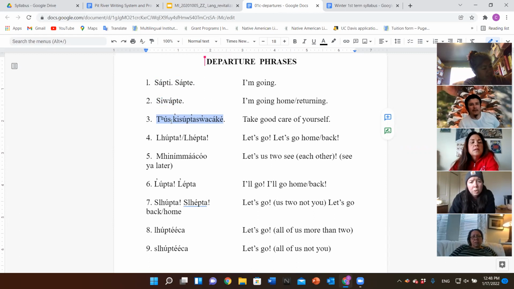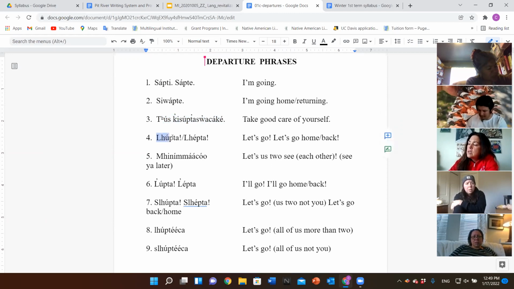Tus, there it is again for good. Kesuptas wachege. So take care of yourself, basically you take good care of yourself. This K is actually saying you. It's a long word, but it's a good departure. Tus kesuptas wachege.